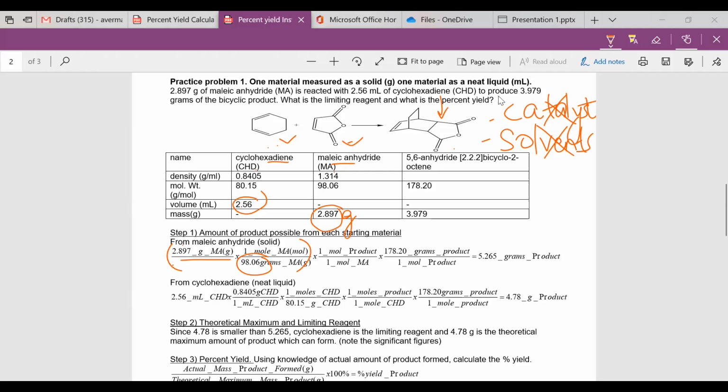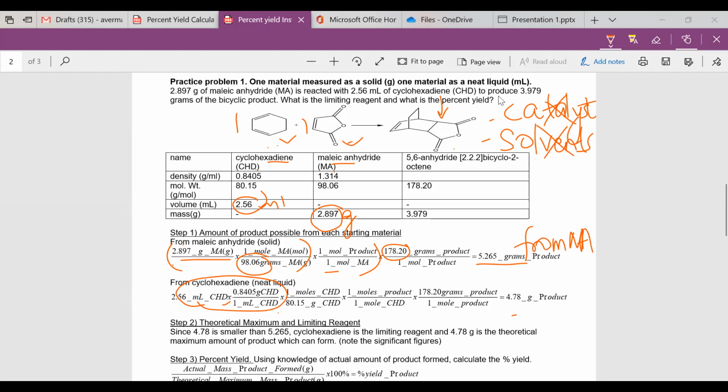You convert the moles by using the stoichiometric coefficients into the moles of product. And then you multiply the moles of product by the molecular weight of the product to get the amount of product formed from maleic anhydride. You do a similar pattern for your other material, which is in milliliters. Now the milliliters need to be converted into grams first.